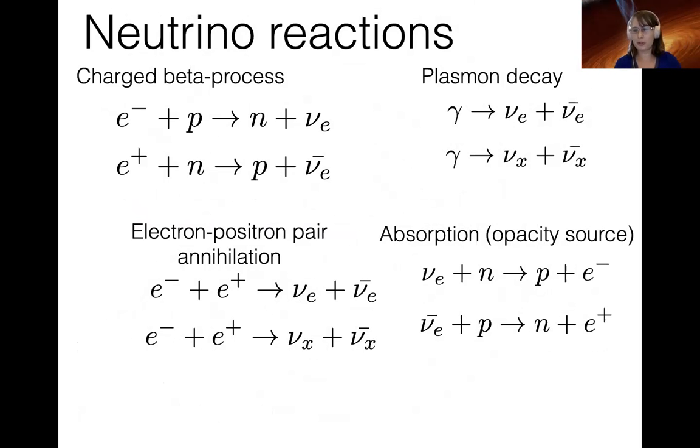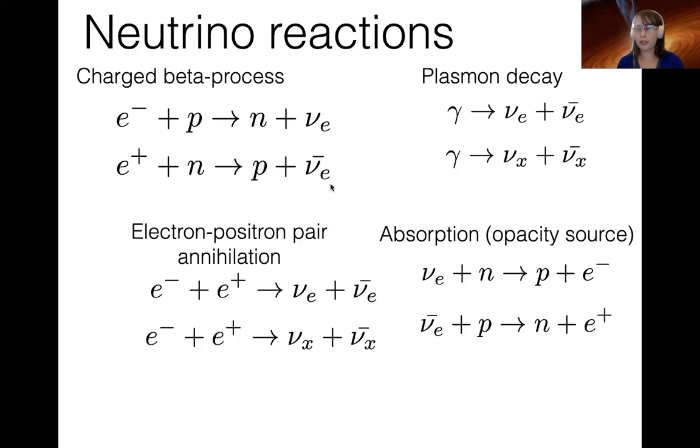Jonah already put all the different things that could happen. I'm just going to put some interesting reactions, which are the ones that we actually consider for the code. So the neutrino reactions that I'm going to talk about are the charged beta process, the plasmon decay, and the electron-positron pair annihilation. Not surprisingly, since this is a very neutron-rich material, the charged beta process is the reaction that's going to be the most dominant.